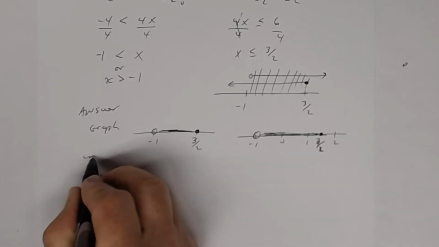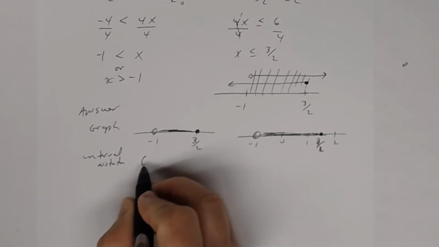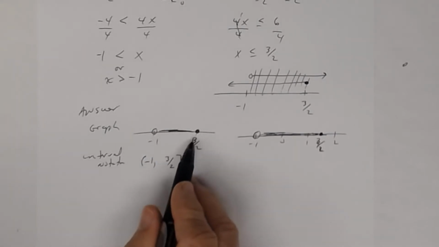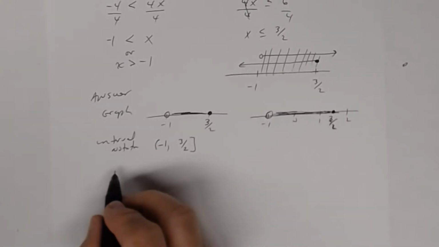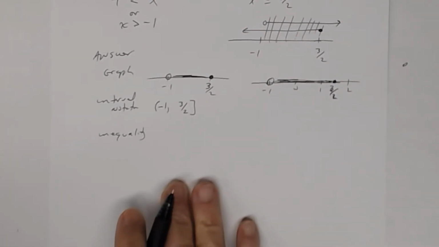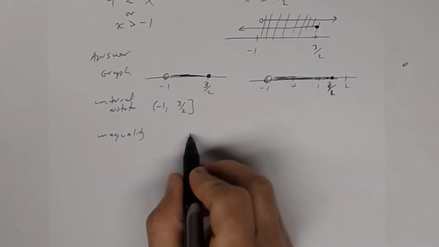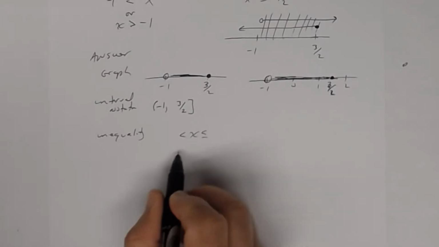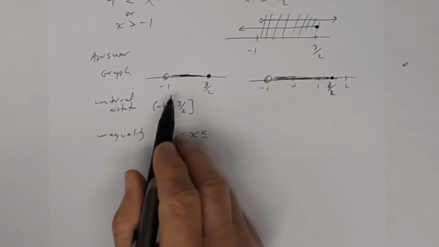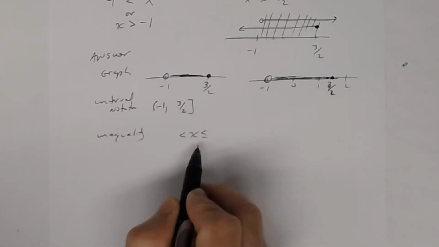The interval notation: you're going to say parentheses negative 1 to 3/2 with a bracket. Parentheses because it's an open circle, bracket because it's a closed circle. And then the inequality: your variable is x, so you're going to say x must be between negative 1 and 3/2. Notice open circle, no equal sign; closed circle, equal sign.